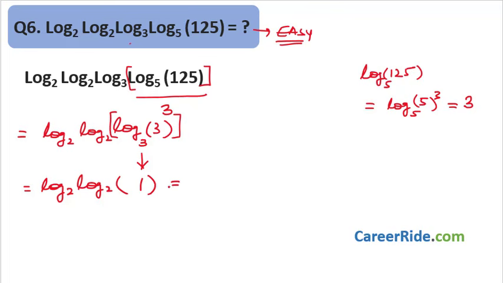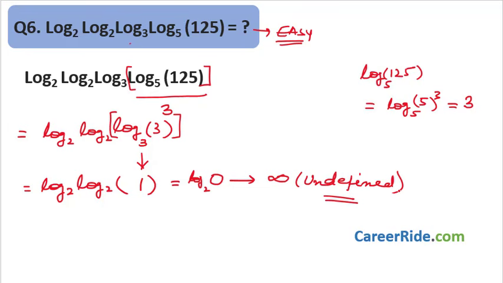And we know that the value of log 1 is always 0, whatever the base may be. So the question now becomes log 0 to the base 2, which is what you have to find. And we know that the value of log 0, whatever the base may be, is undefined, right? Take it down somewhere in your notebook because this is going to be very, very useful to you. So the answer to this question is undefined.